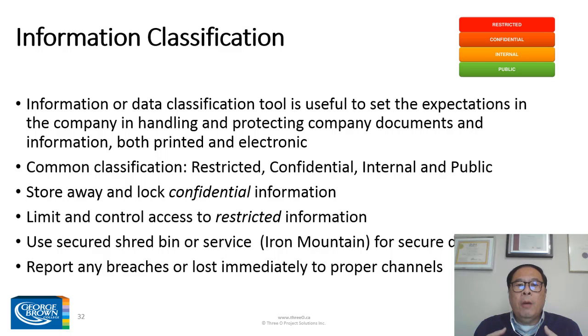Okay, we normally would bring in our own concept about what is secure, what should be protected, how we should protect information. But as a company, the company should publish how employees should protect their information.